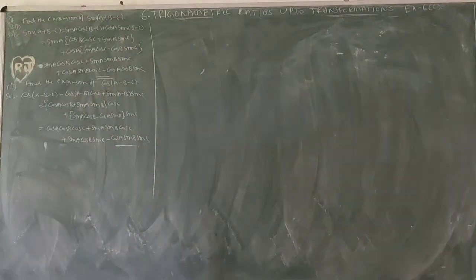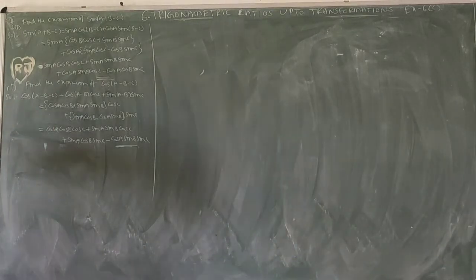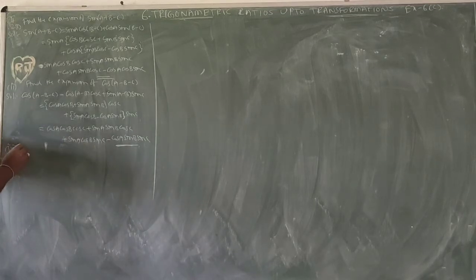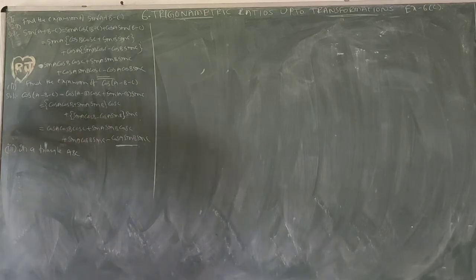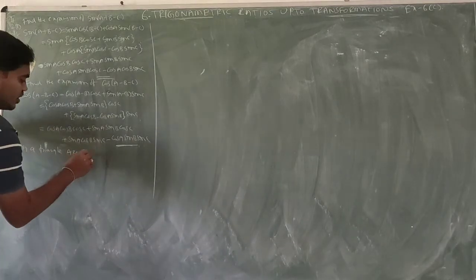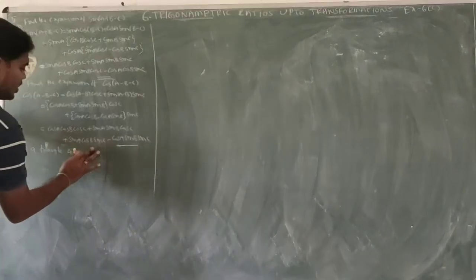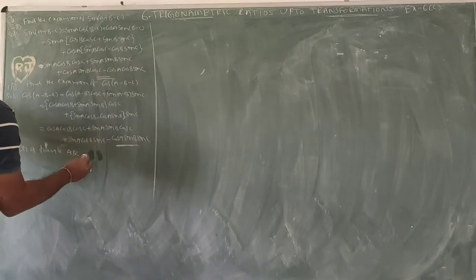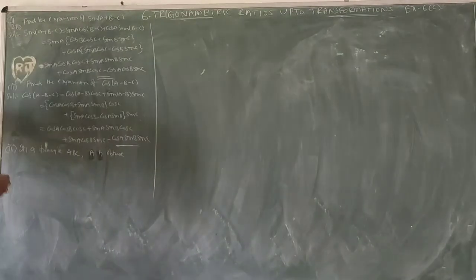Okay, next, the third one is: in a triangle ABC, A is obtuse.